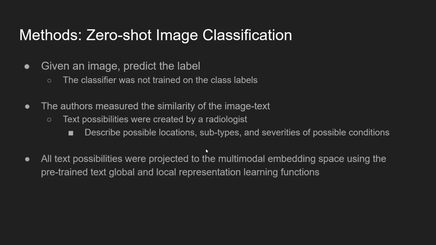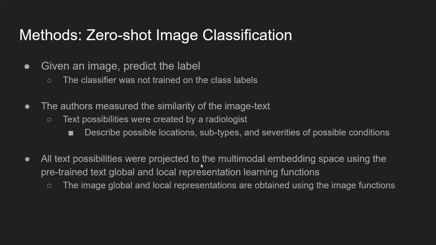All text possibilities were projected into the multimodal embedding space using the pre-trained text global and local representation learning functions. The image global and local representations are obtained using the image functions, and the final output is the average of the local and global similarities.